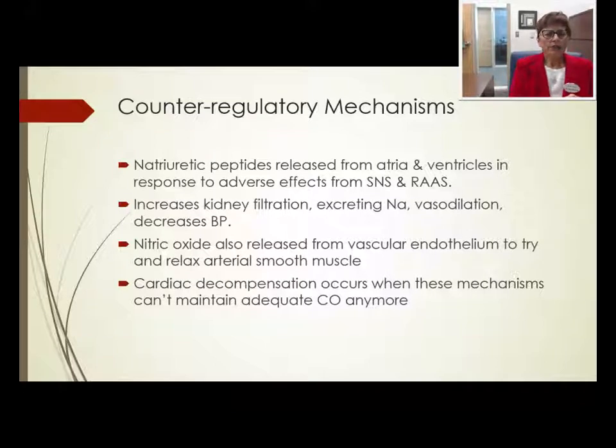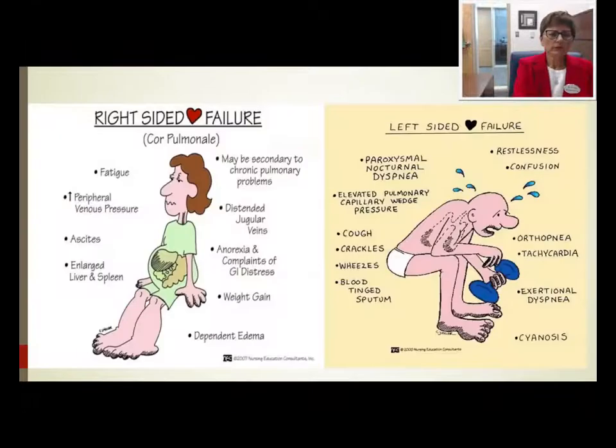What happens is when the body can't maintain cardiac output anymore, they have cardiac decompensation. These are symptoms of right-sided heart failure and left-sided heart failure. Lots of patients, most of them, have both at the same time.